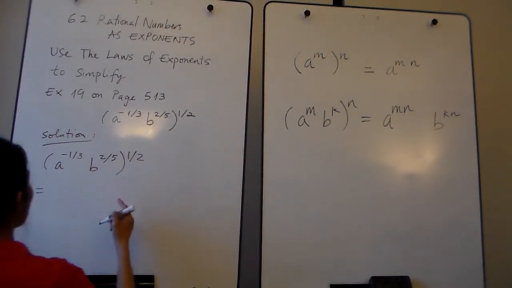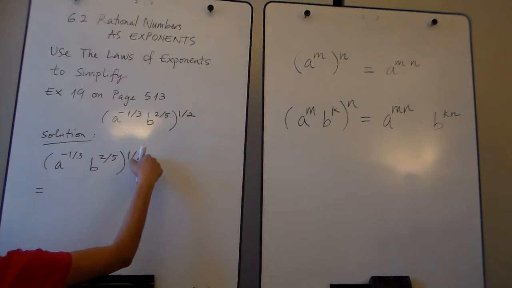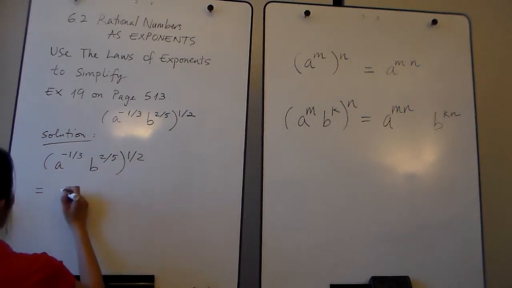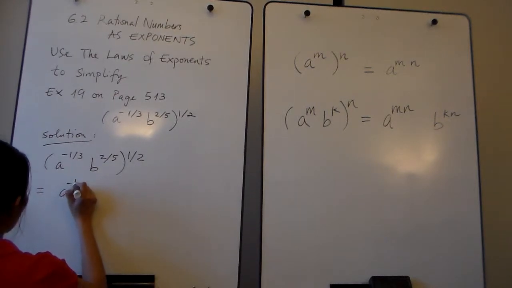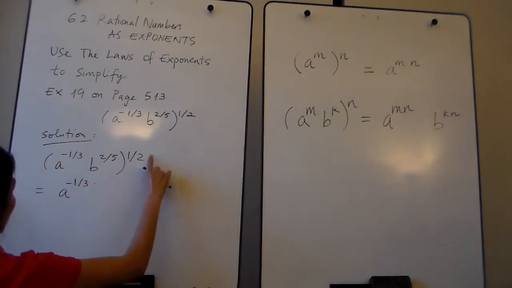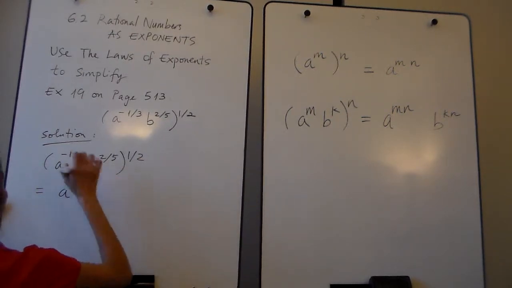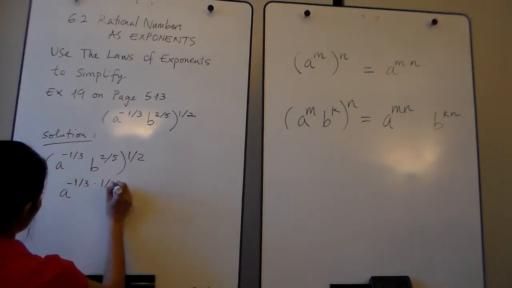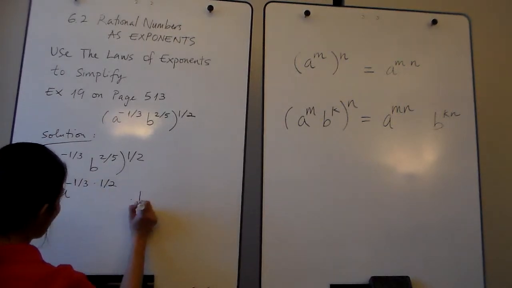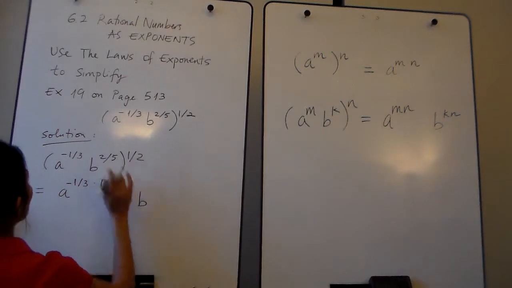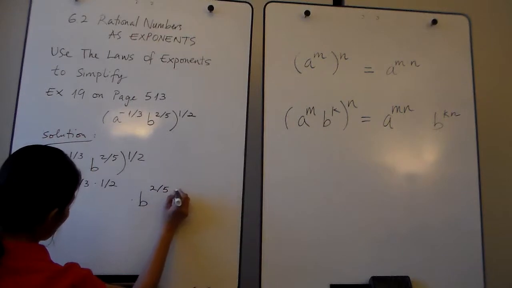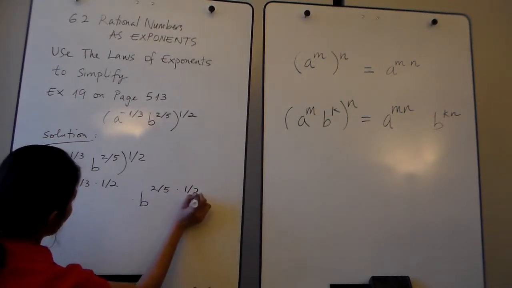Alright, we're going to distribute the outer exponent to the exponent of each base. So A to the negative 1 divided by 3 times 1/2, because I distribute this to the exponent of A, times this second base here, which is B, and then you distribute 1/2 to the exponent of B, so you have 2 divided by 5 times 1 divided by 2.